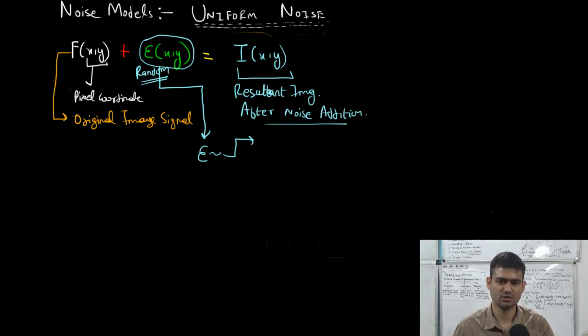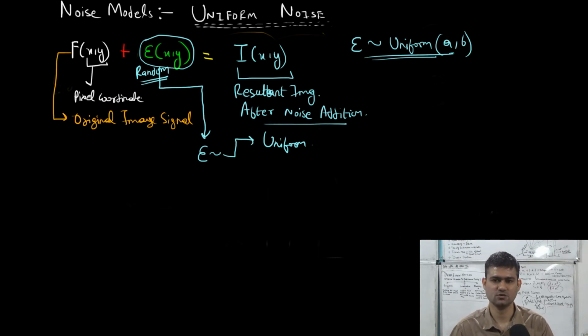And likewise, in the impulse noise model, in the fixed value impulse noise model, the noise doesn't follow any distribution, as we'll discuss later. But in the random valued impulse noise, this noise can follow one of many distributions as well. So in this video, we are going to discuss the uniform noise model. It means that epsilon follows uniform distribution in some range a comma b.